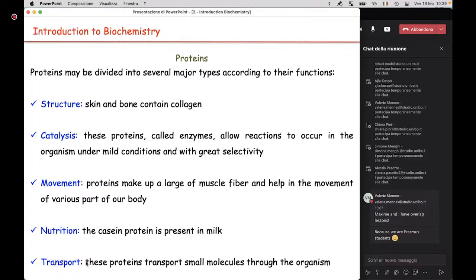And also, you may remember, I talked about it before when talking about the cell membrane, also a transport function, okay? Hydrophilic compounds cannot pass the membrane unless they are transported. The transport structures within the membrane are proteins, okay?